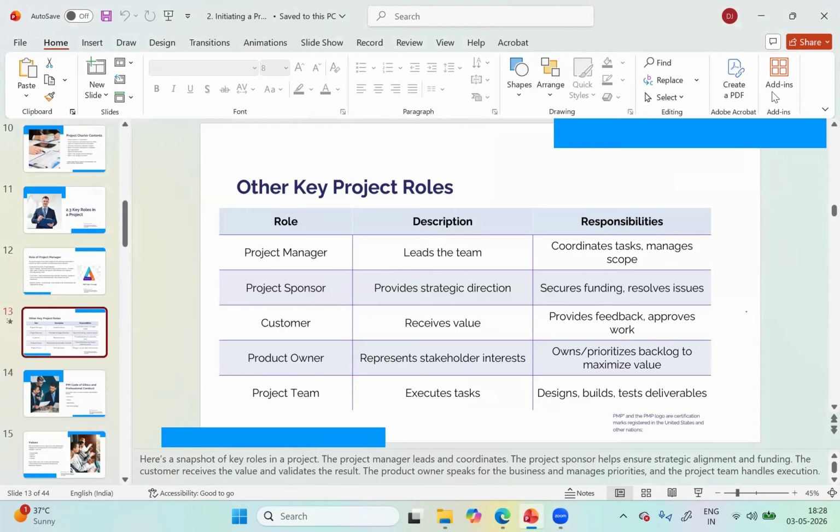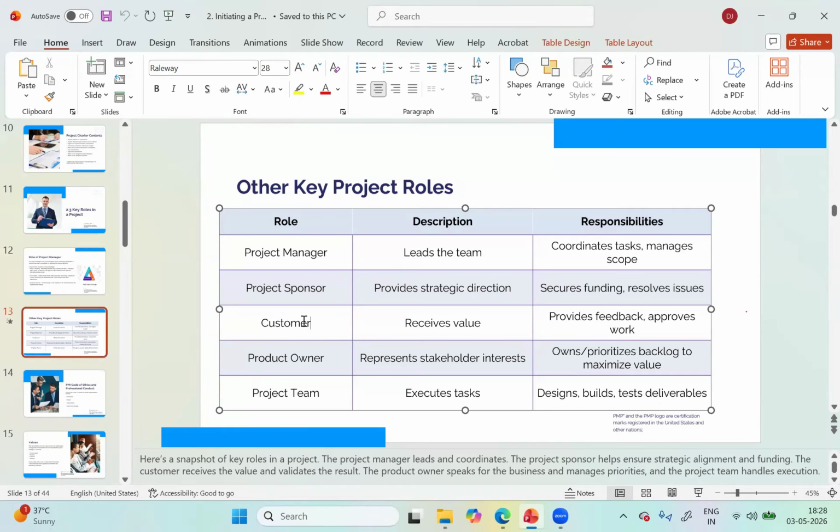DJ, where do the delivery managers stand in the project? Delivery manager is not a recognized project role. I know in many organizations they would play some role, but that's not recognized as a project role.